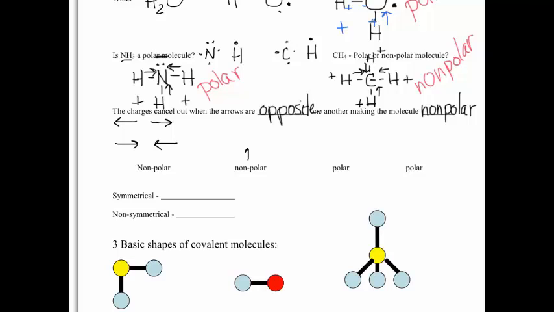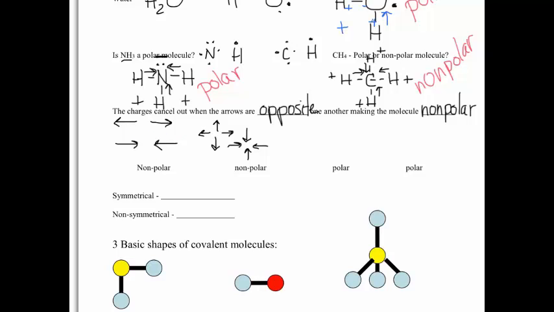And then, like the example we just had, if they're all facing in and they all cancel, it's nonpolar. It'd also be nonpolar if they were all facing out in the same shape. So here's an example where it would be nonpolar. That's the kind of nonpolar molecule that carbon dioxide is. Here's another one that would be nonpolar.